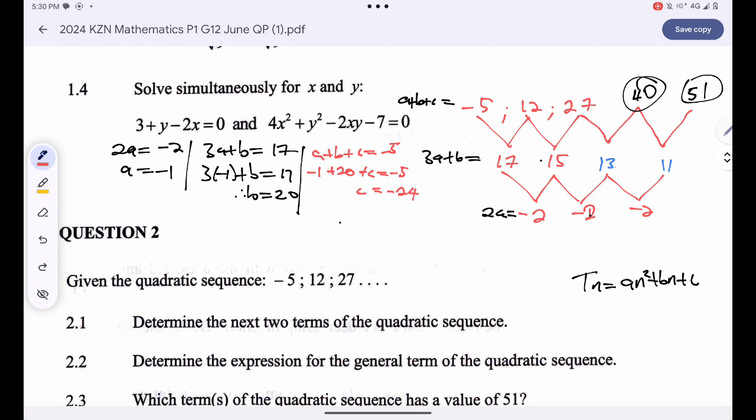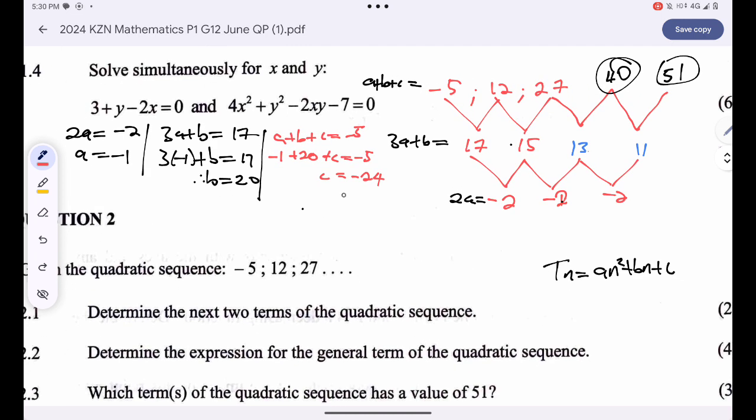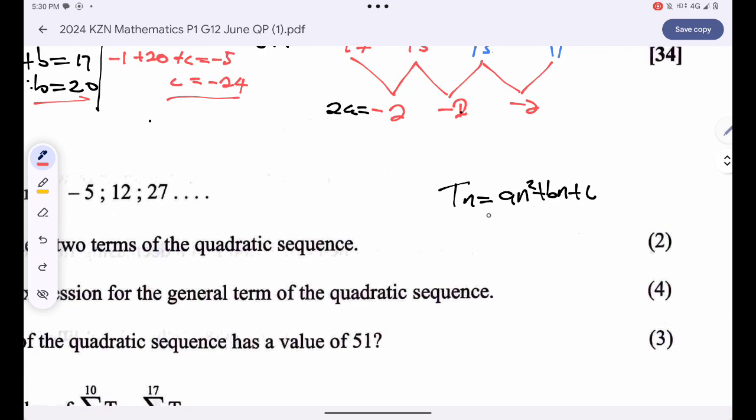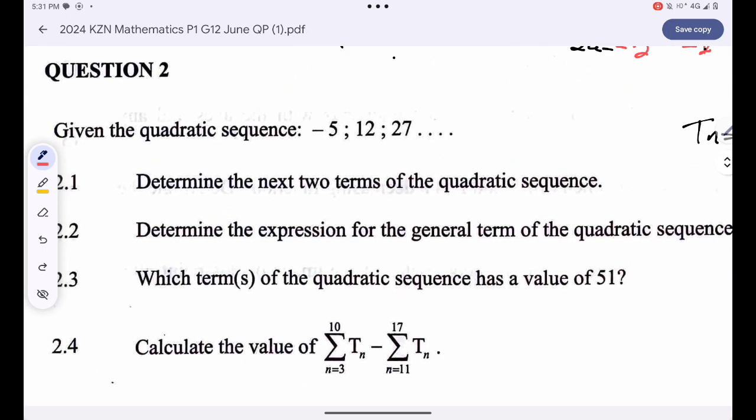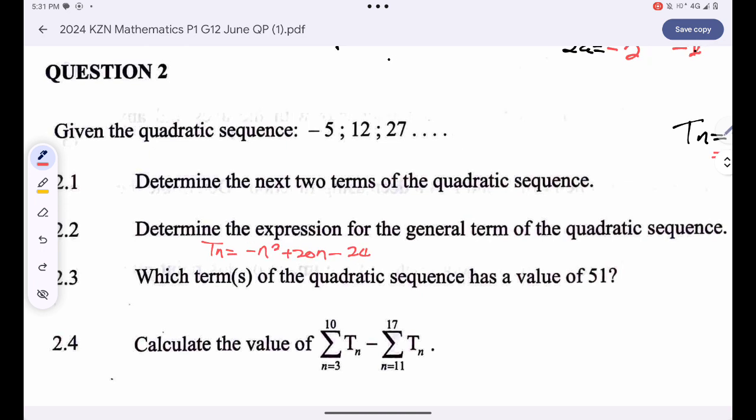So I now know the values of a, b, and c. I can go and substitute them over there. So the nth term is just negative 1n squared plus 20n minus 24. So my nth term is basically negative n squared plus 20n minus 24.